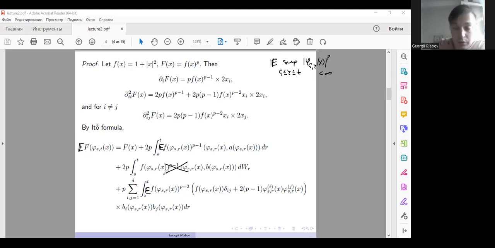Now we can estimate the right-hand side by noting that the absolute value of x is, of course, less than f of x to the power 1/2, because f of x is 1 plus x squared.